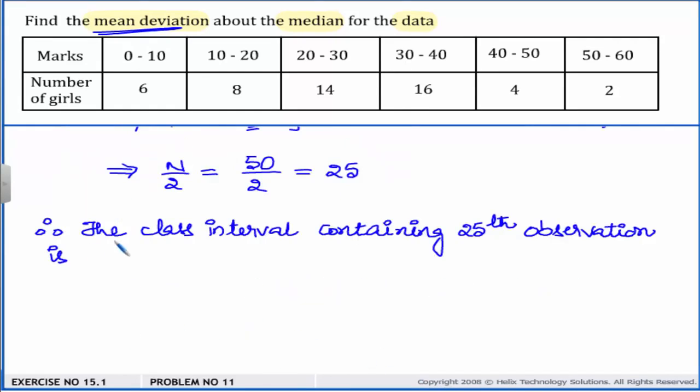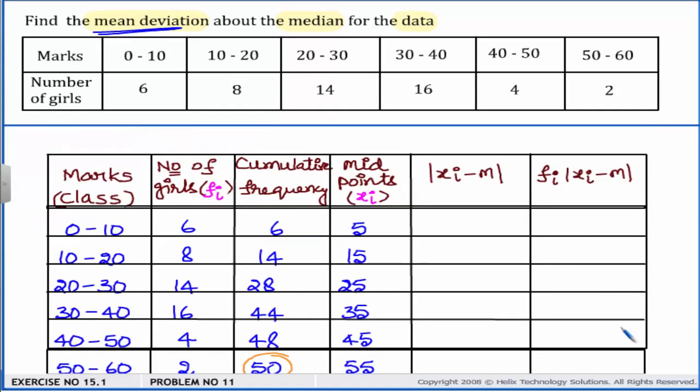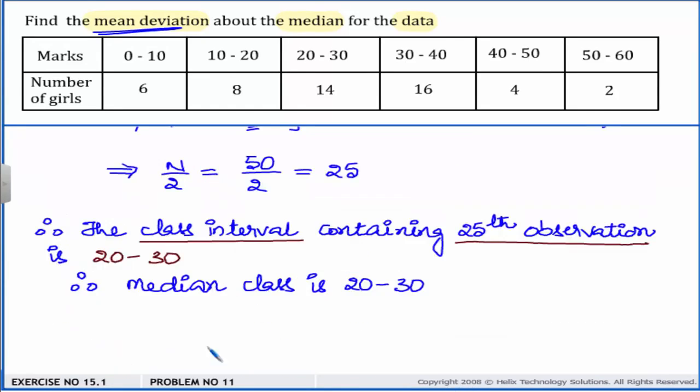Therefore, the class interval containing the 25th observation is 20 to 30, as you can see here, so this 25th observation lies in this interval. We can say 20 to 30 is the median class. Therefore, median class is 20 to 30.